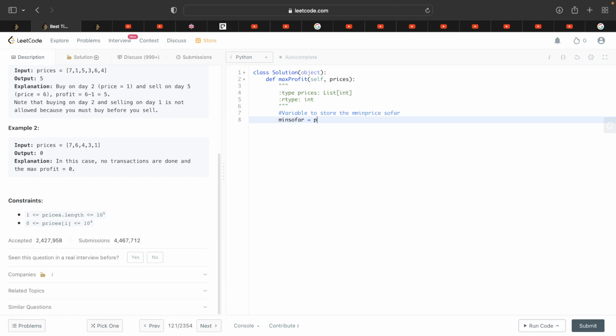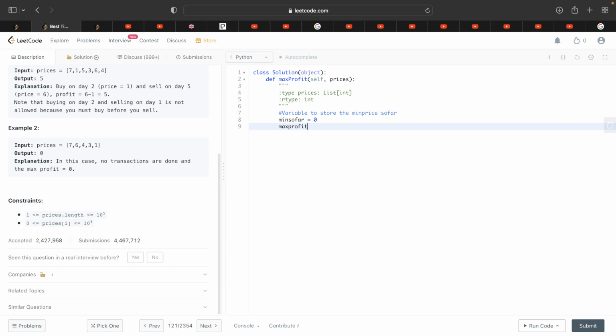Or you could initialize it with the first price, or with positive infinity. But for this, I think we're going to follow what the question gave us, because the lowest possible price is 0. So we'll assume that you haven't seen any price so far.